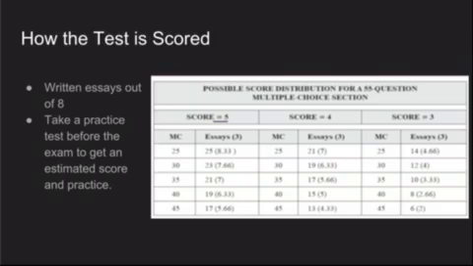Likewise, if you're doing well in the multiple choice, it is unlikely that you're doing poorly on the essays because it contains most of the same information. The test is scored at a total of 5 points, made up of scores from your essays and your multiple choice.